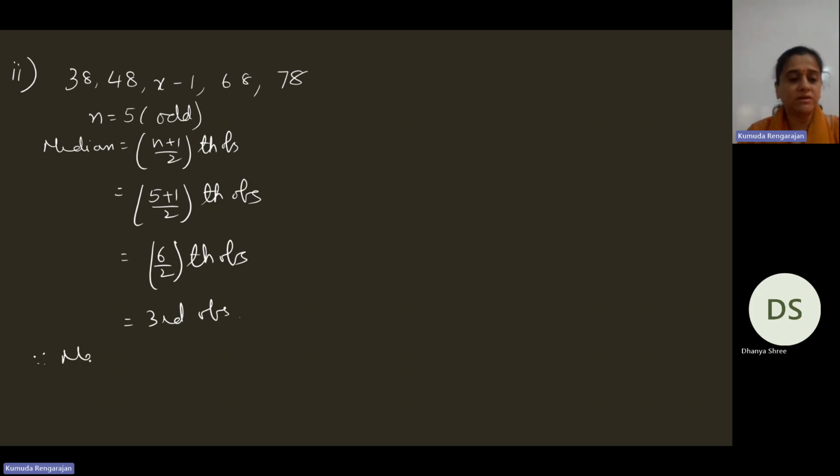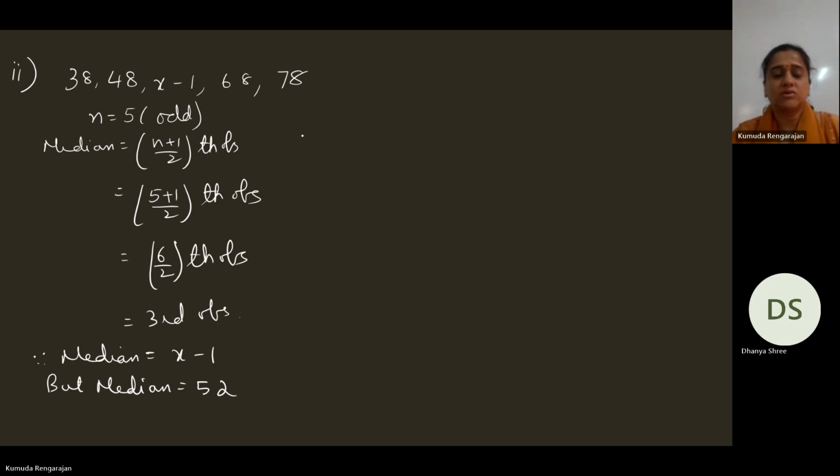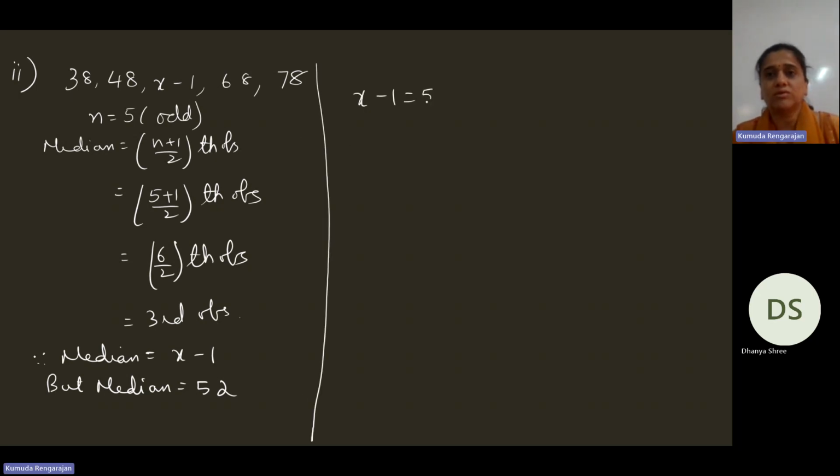Therefore, median is equal to x minus 1. But median is equal to 52. So that means x minus 1 is equal to 52. So x is equal to 52 plus 1. x is equal to 53.